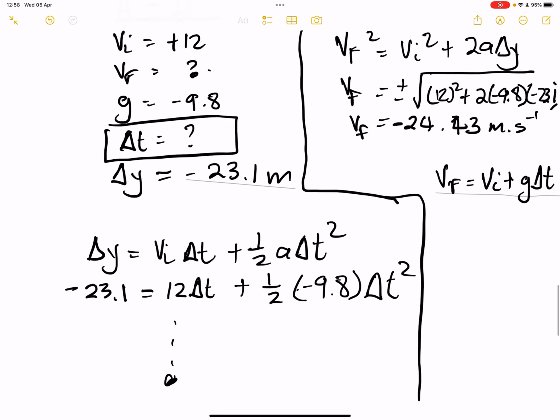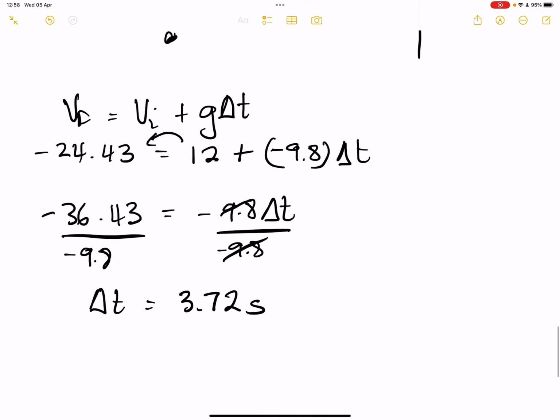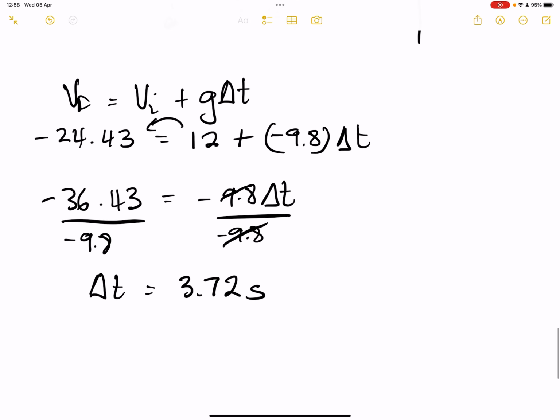The time difference between the two, right? 3.79, okay? Subtract there 3.72. So the time difference will be 3.79 minus 3.72. And in this case, that will give us 0.07 seconds.